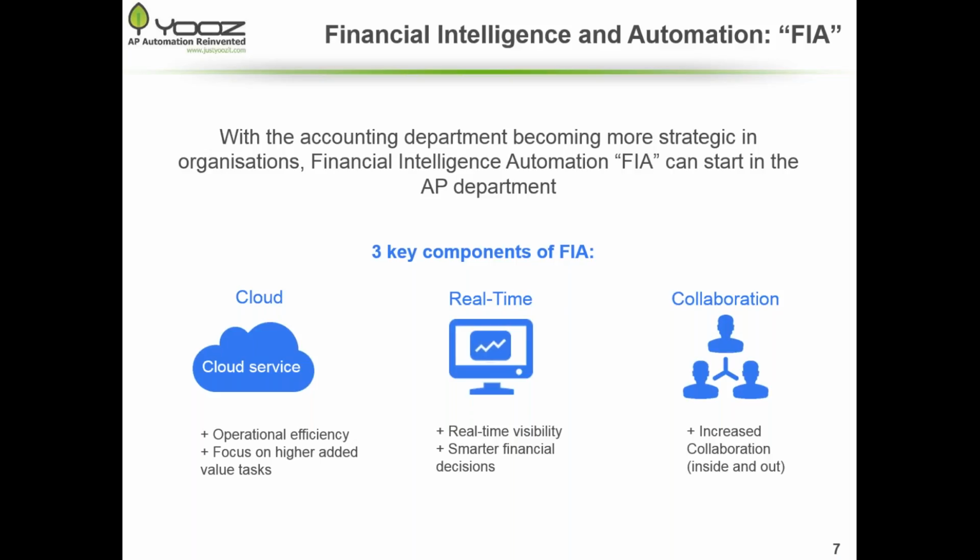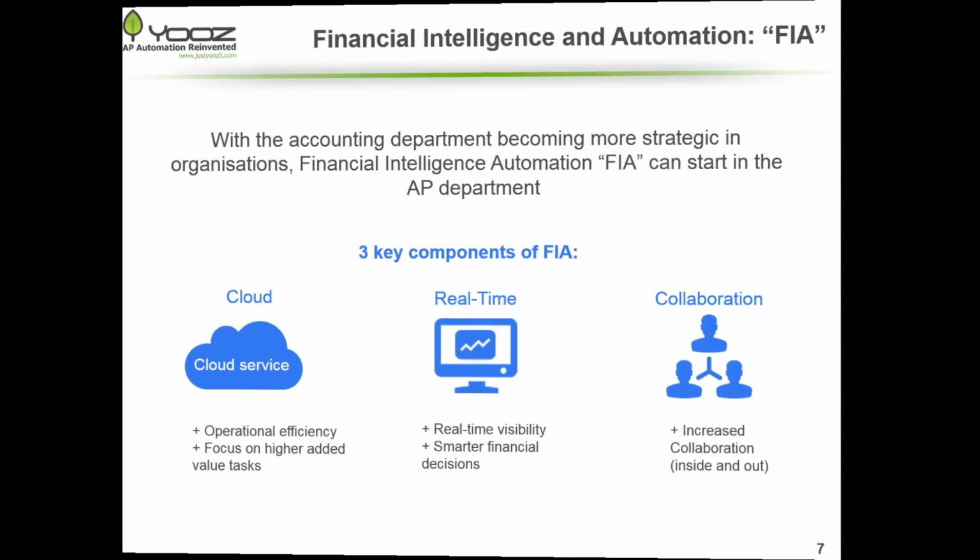You want to have the users able to search for those documents, have access to those documents very quickly without obviously having to send them the paper invoices. So that's the collaboration inside the company. And we can also say out because we can give suppliers access to the solution where they're going to come in and import their own invoices into the solution and be able to track their processing in the solution.